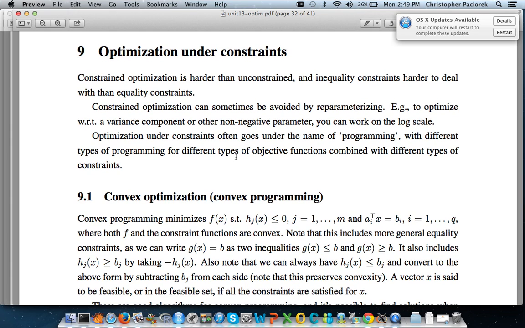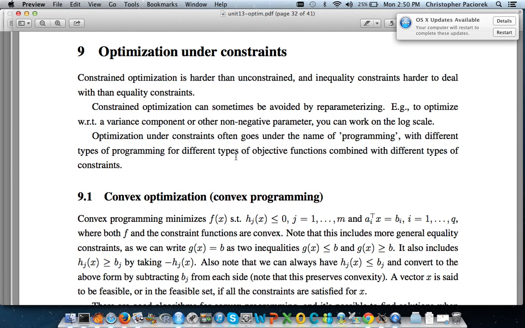Okay, so the idea is in lots of statistical problems, you are often in the situation of trying to minimize some objective function, say minimize some negative log likelihood, but you may be doing it in the context of having some constraints. And those constraints will come up in, for example, dealing with sparse regression problems like the lasso, or other kinds of problems like that.